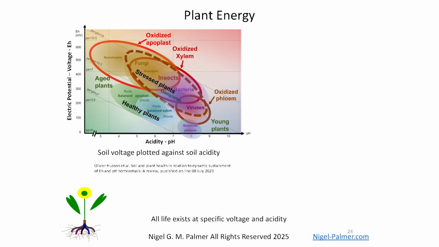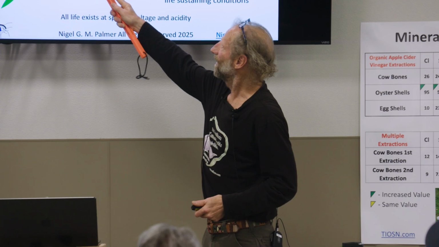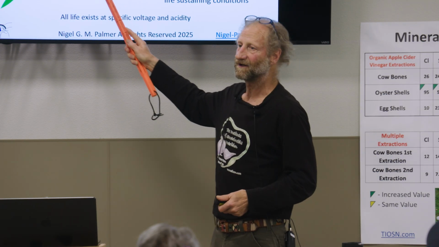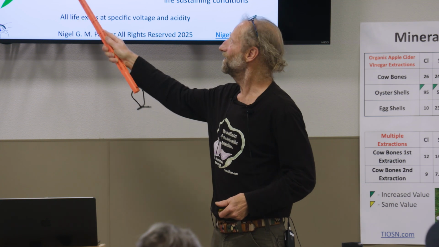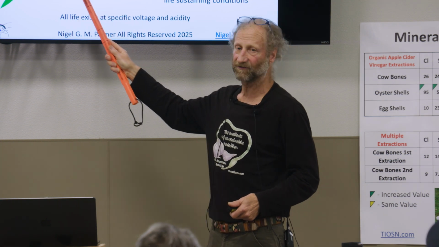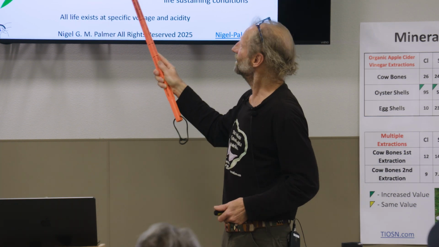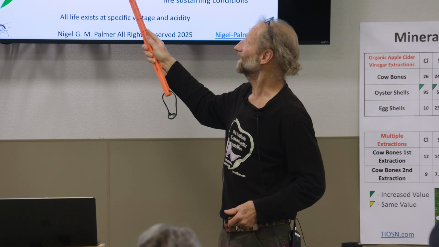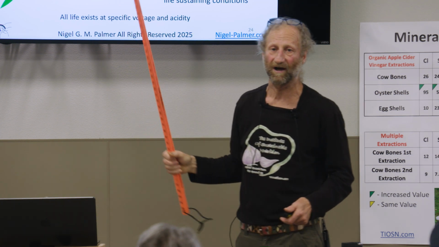So check this out. This is the culmination of decades of work. This is voltage on the Y scale, acidity on the bottom scale, and these are areas of living things. This is where healthy plants want to be. This is where viruses are, bacteria, insects, and fungi.